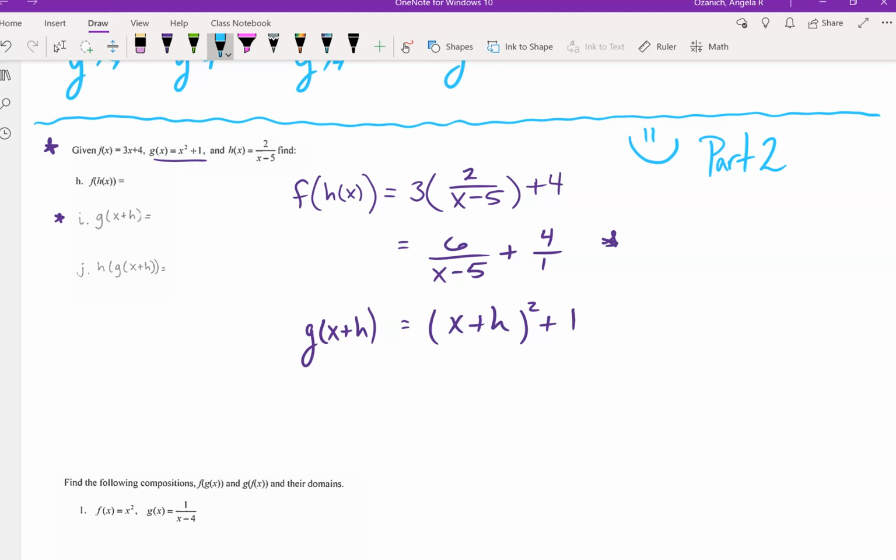And then what happens on this last problem right here, because we're evaluating h of g of x plus h, we have already found g of x plus h, right? It's right there. It's all of this stuff. So if we can plug that into our h function, this is what that is going to look like.